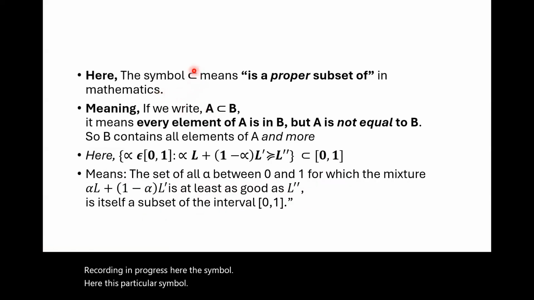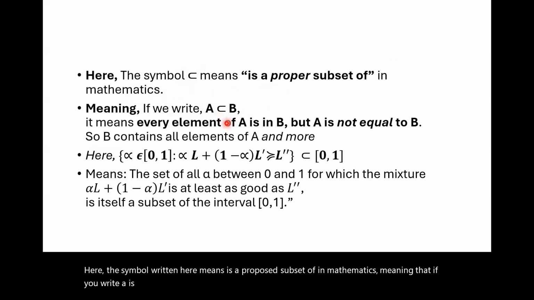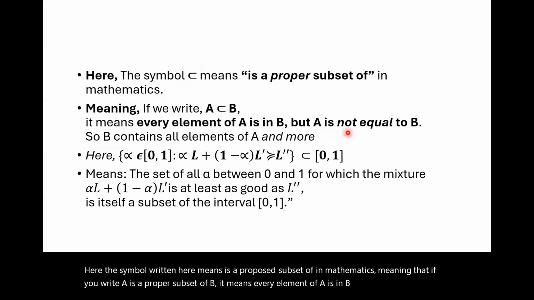Here the symbol written means is a proper subset of in mathematics, meaning that if we write A is a proper subset of B, it means every element of A is in B, but A is not equal to B. So B might contain all elements of A and more.